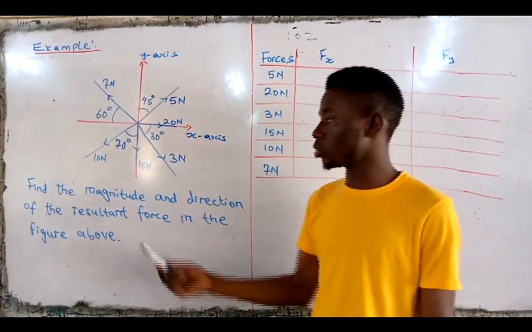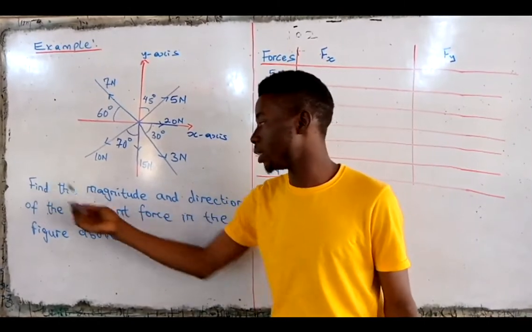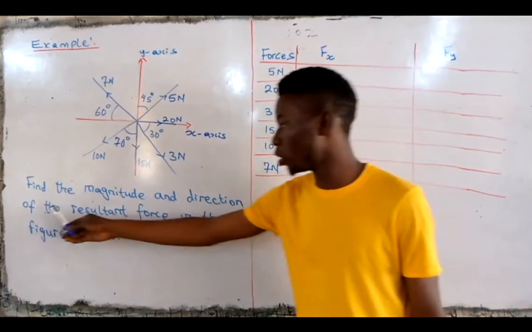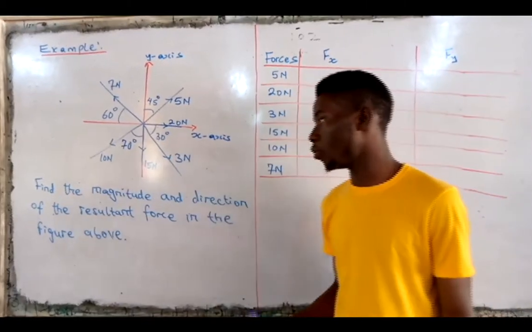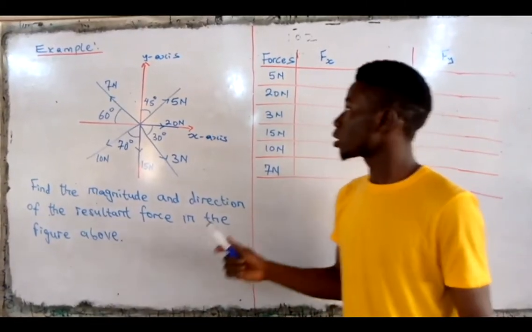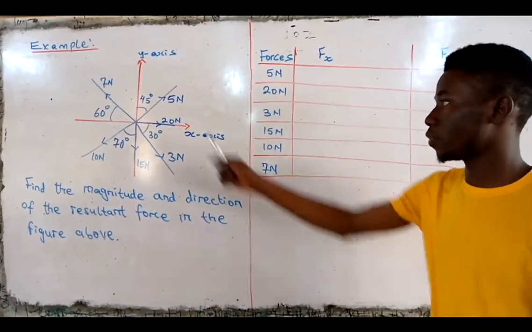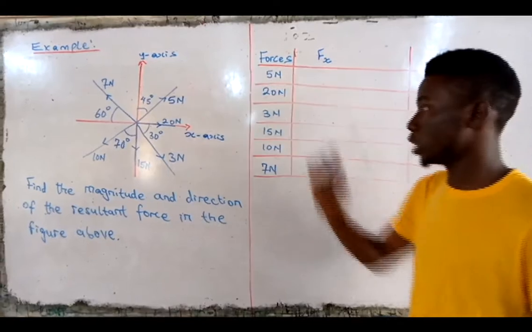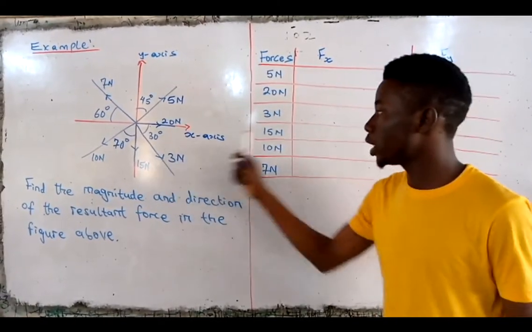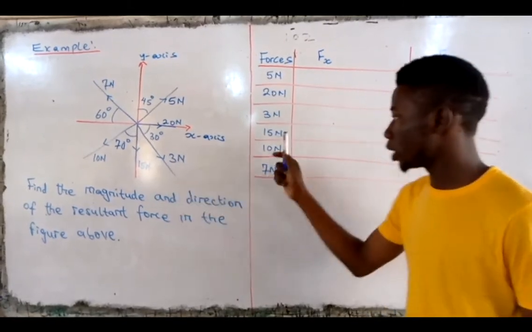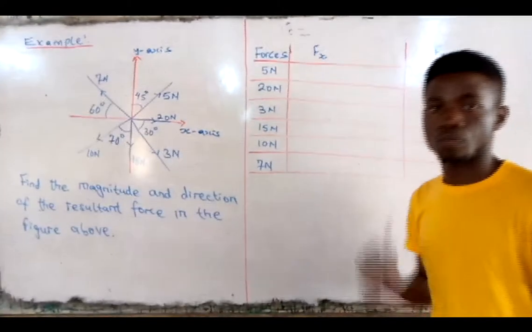Now the question says we should find the magnitude and direction of the resultant force in the figure above. Now, this is the list of all the forces acting in this figure. We have the force 5 Newton, well represented here, 20 Newton, 3 Newton, 15 Newton, 10 Newton, and 7 Newton.